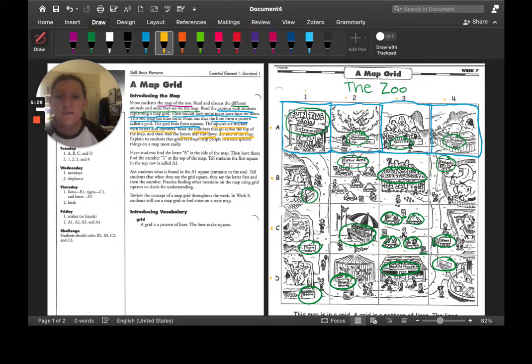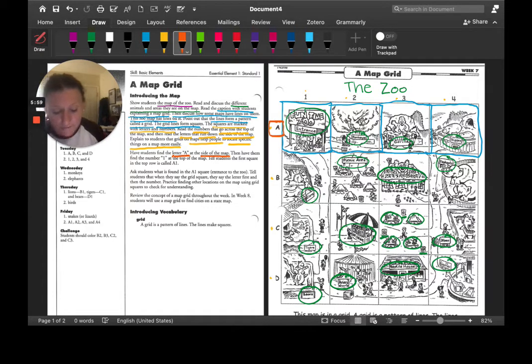So with these numbers and letters, these help people to locate specific things on a map more easily. So the first one that we're going to work with is we're going to find the letter A at the side of the map. So let's underline that. So again, letter A is right here.